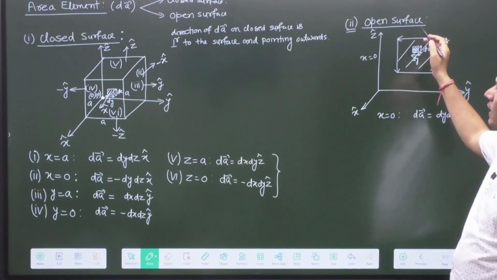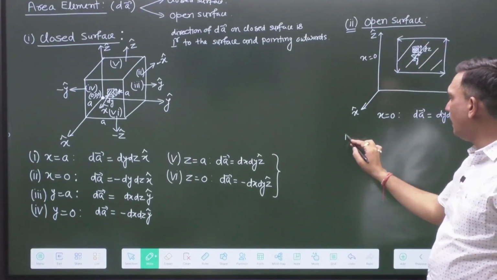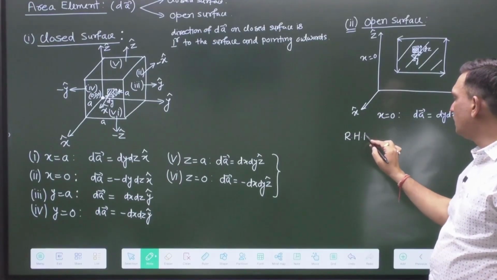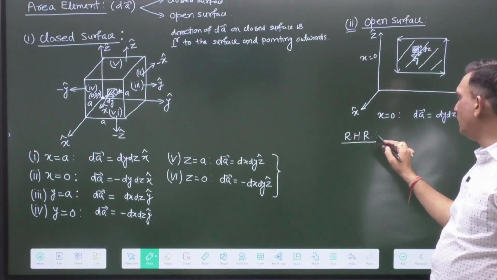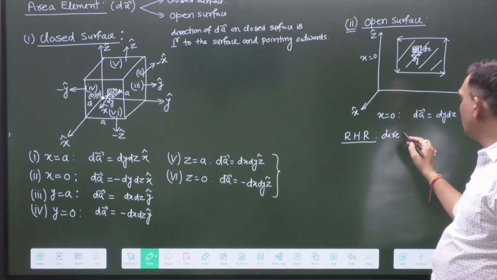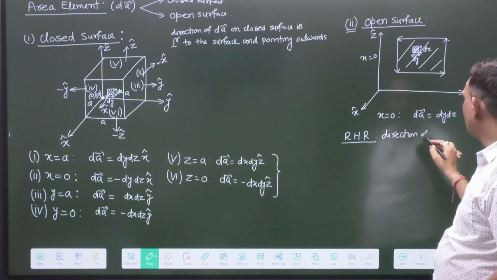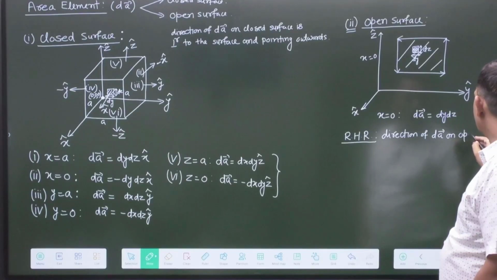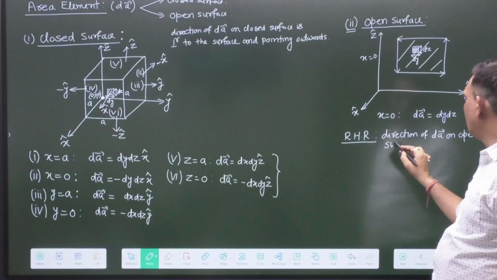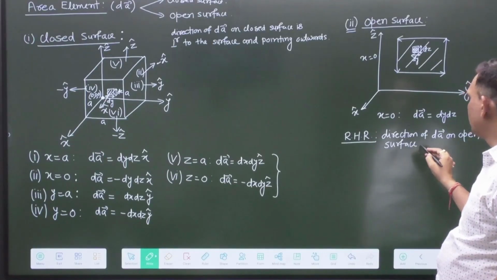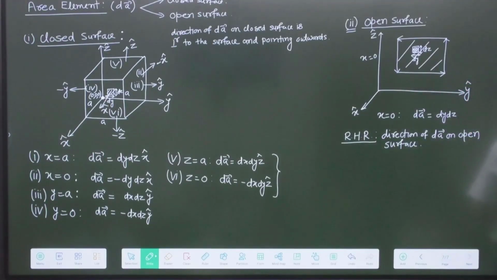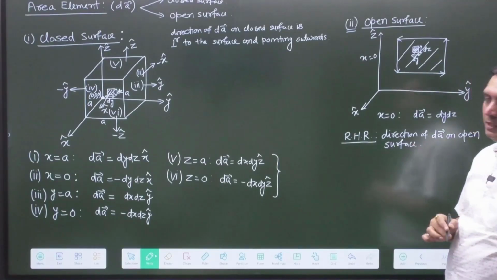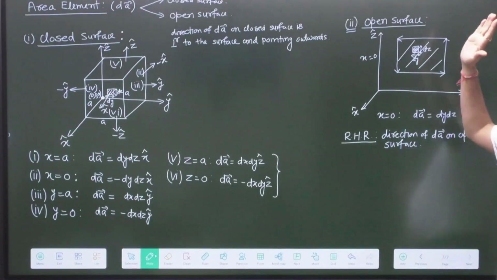So for the direction of dA on an open surface, you have to use the right hand rule again.